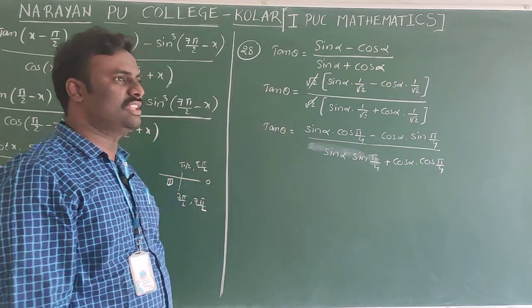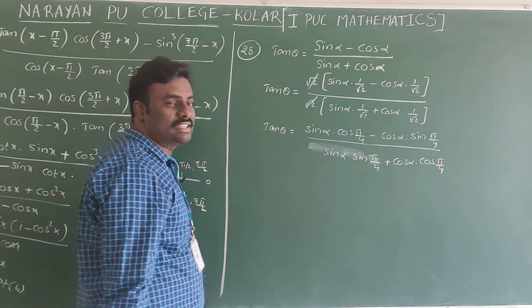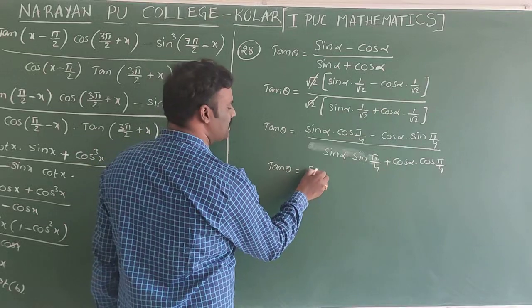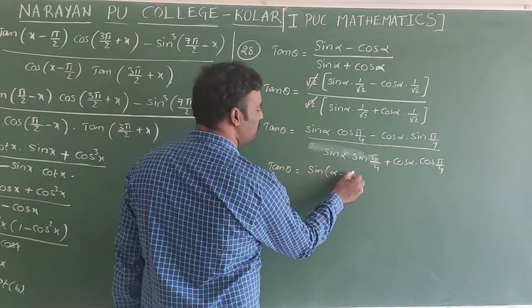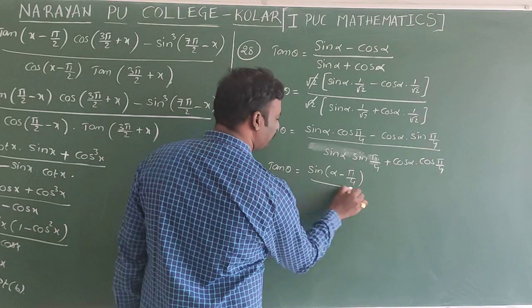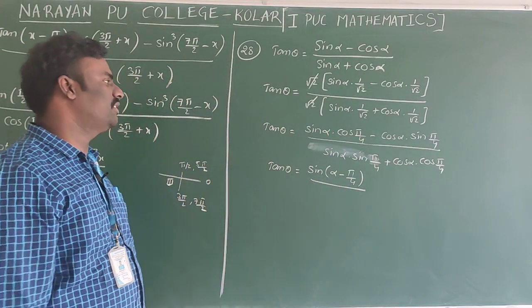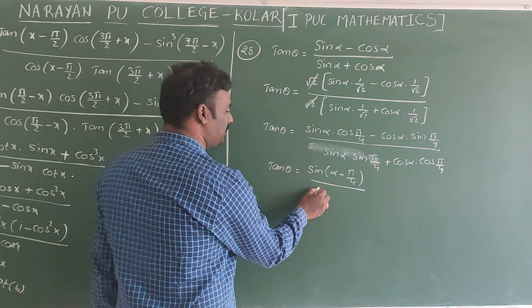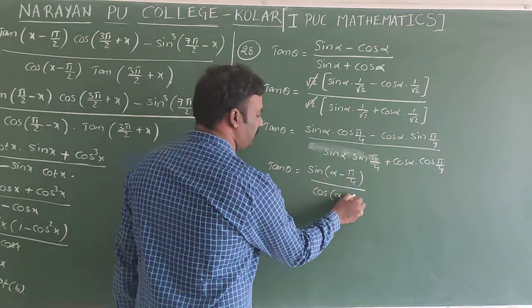Now numerator is in the form of sin A cos B minus cos A sin B. It can be written as sin of A minus B. Denominator is in the form of cos A cos B plus sin A sin B. It is nothing but cos of A minus B.